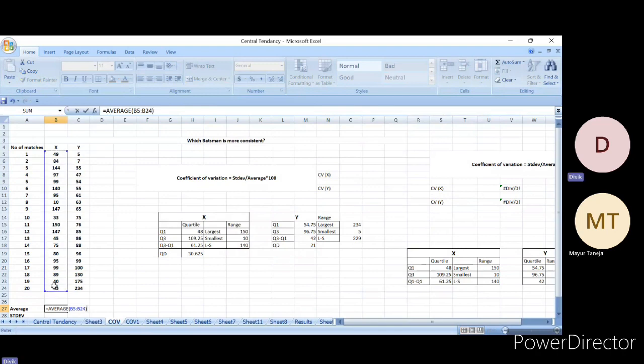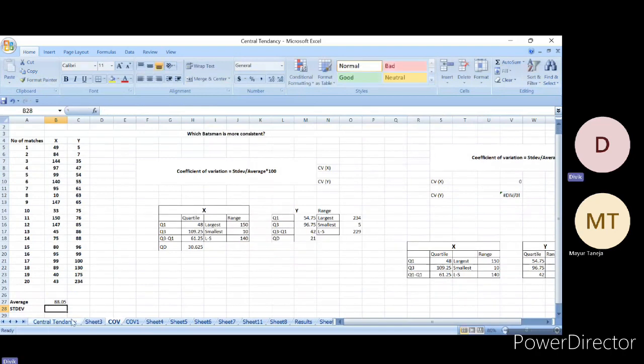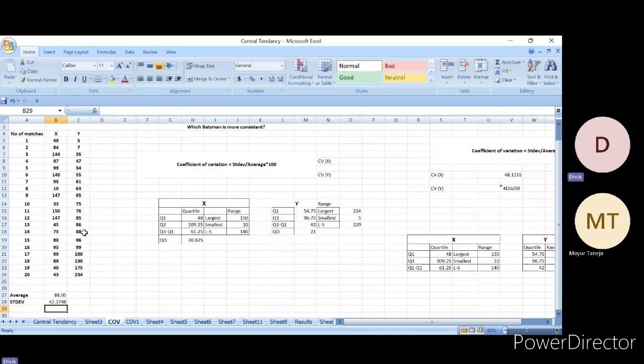I have taught the calculation of mean in the previous video also. It comes out to be 88.05. Likewise, for calculating standard deviation, write STDEV, select it, give the range for it, close the bracket, and enter.